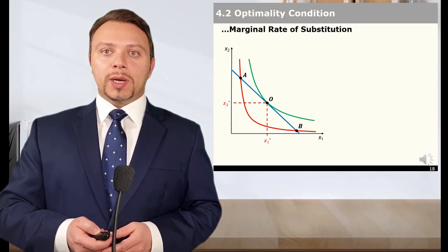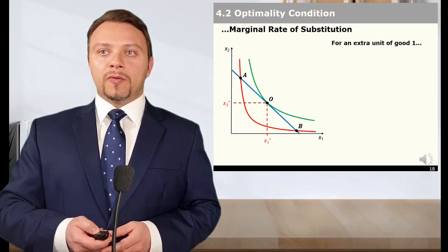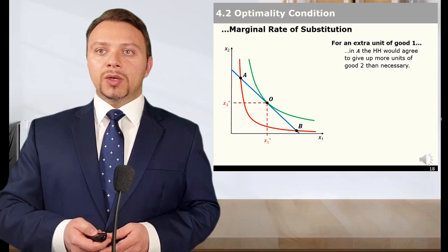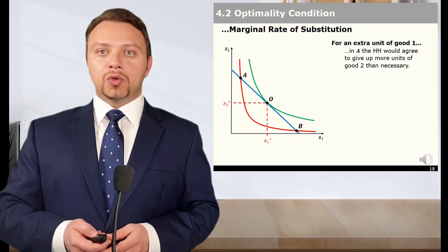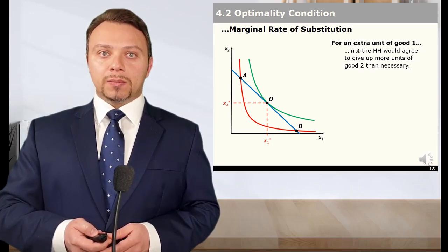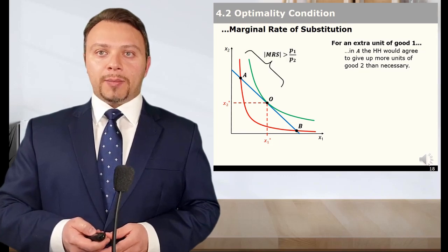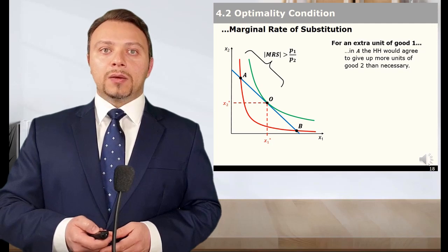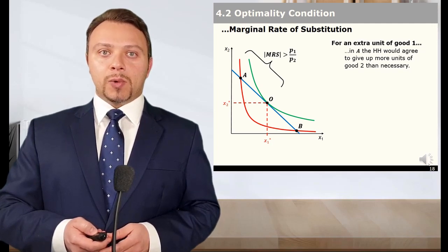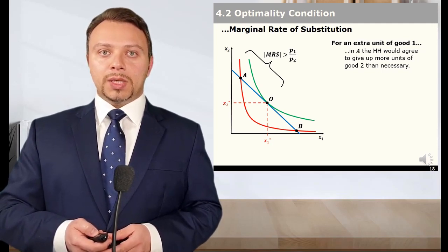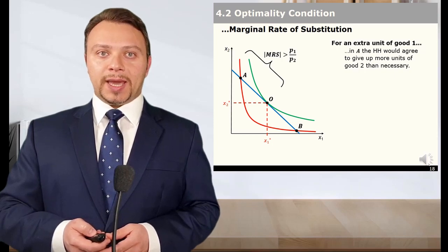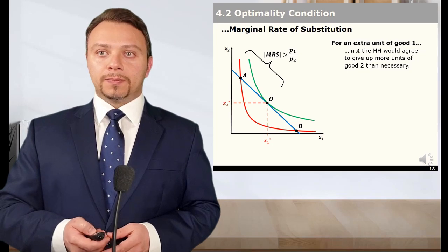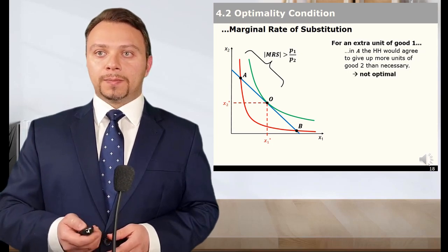One in A, one in B. For an extra unit of good 1, in A, the household would agree to give up more units of good 2 than necessary. The absolute value of MRS in this point would be larger than the price ratio P1 over P2 here. You see, the indifference curve in point A is steeper than the budget line. Hence, this is not optimal.